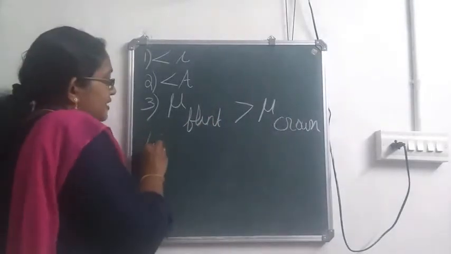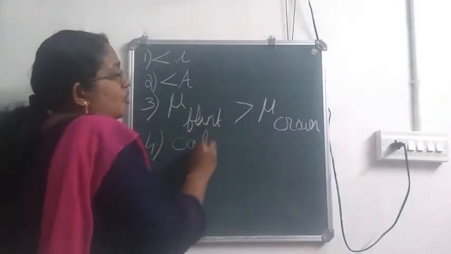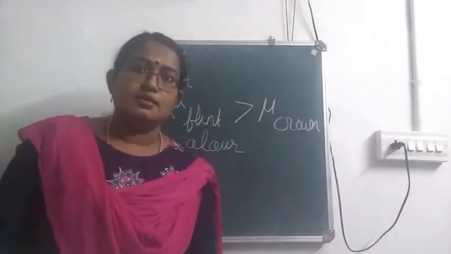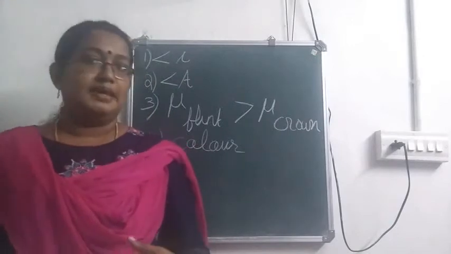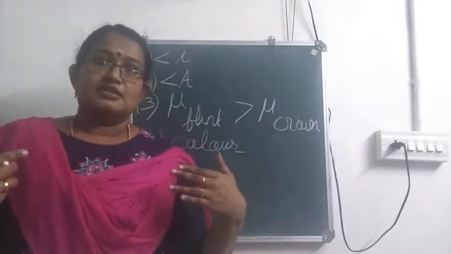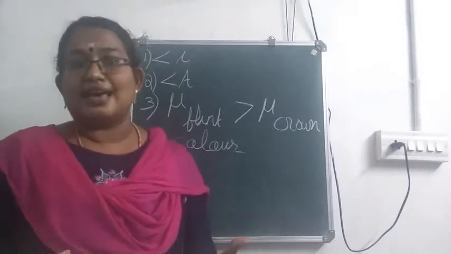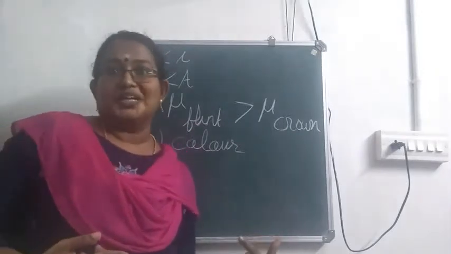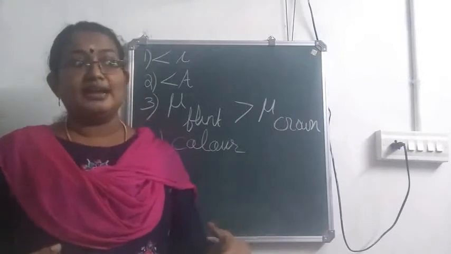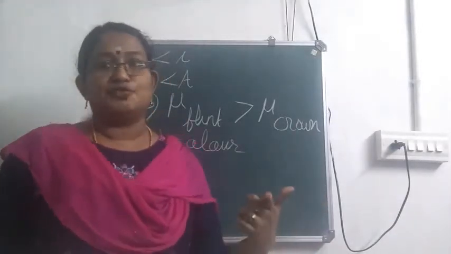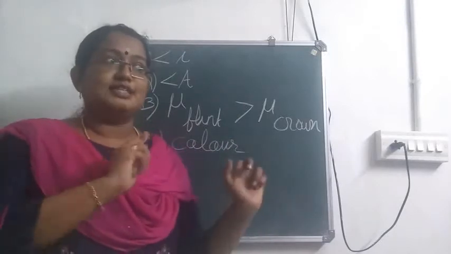Now the last one is about the color or wavelength of light. If the wavelength is more, the deviation shown will be less. Which color has the maximum wavelength? Red, isn't it? Red has the maximum wavelength, so the deviation is minimum for red. Violet has the minimum wavelength, so the deviation is maximum for violet. Do you remember dispersion?